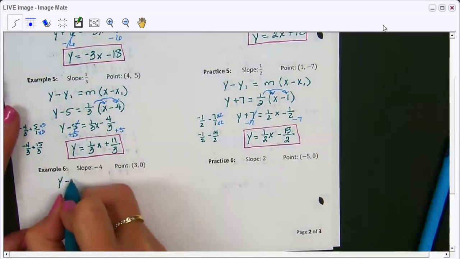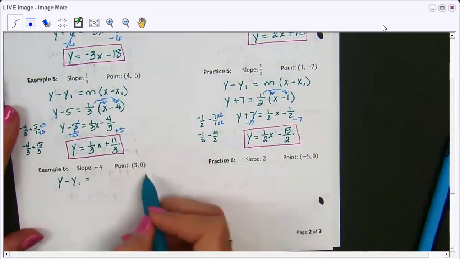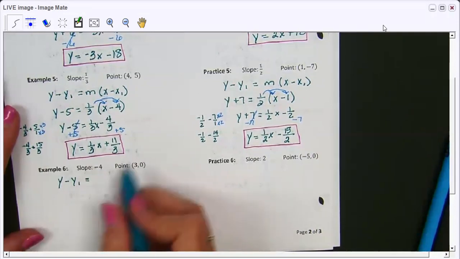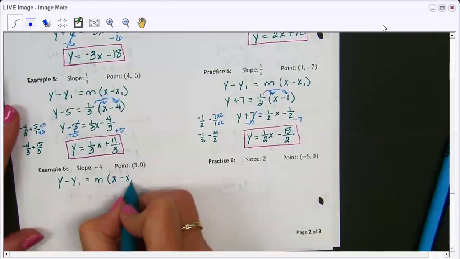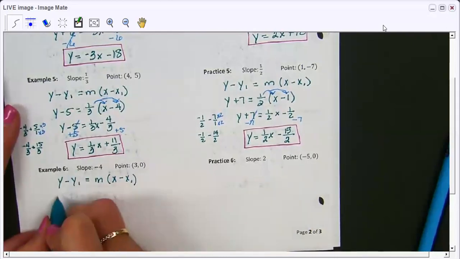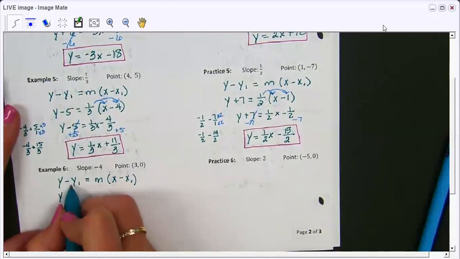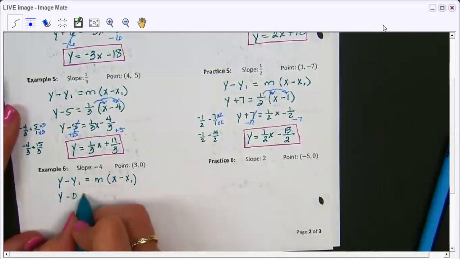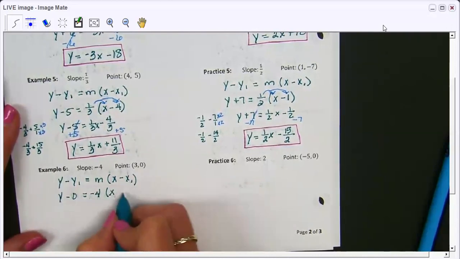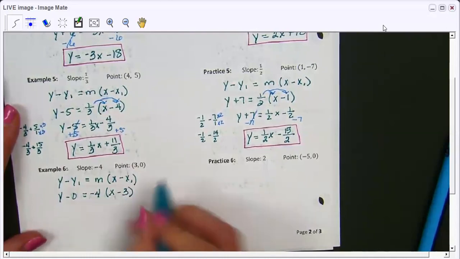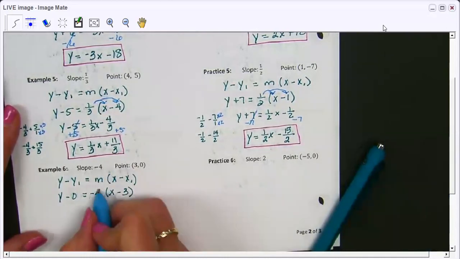And we're going to do the same thing, except we have a 0 in our ordered pair. Okay, so let's go ahead and plug those in. Our y1 is 0. Our slope is -4. And our x1 is 3. Okay, so we're going to distribute that -4.